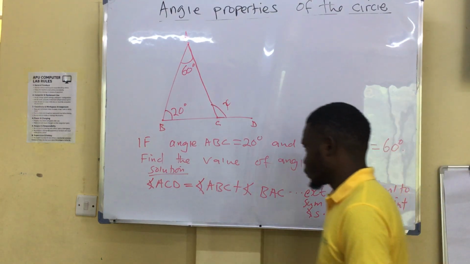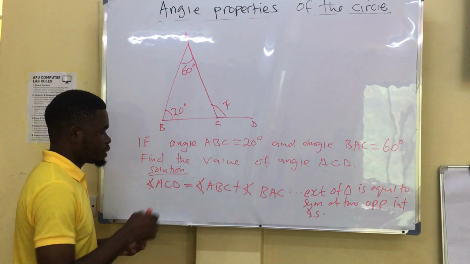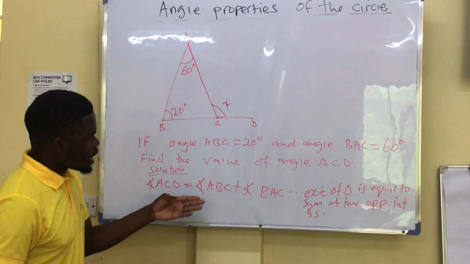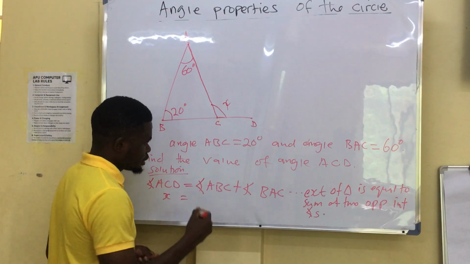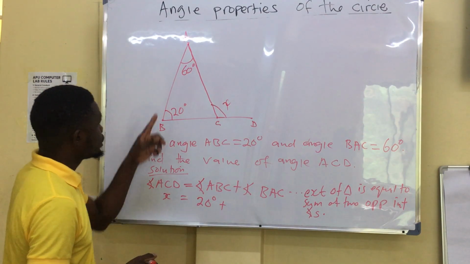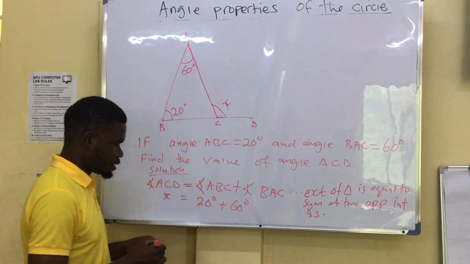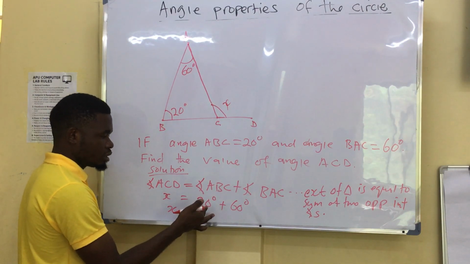Yeah, fine. So angle ACD is what? It's x, right? X is equal to angle ABC, which is 20 degrees. We need to substitute, right? It's 20 degrees plus angle BAC, which is 60 degrees. So x is equal to what? We need to add these. Why?